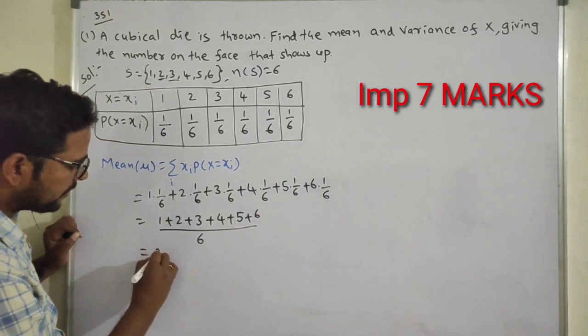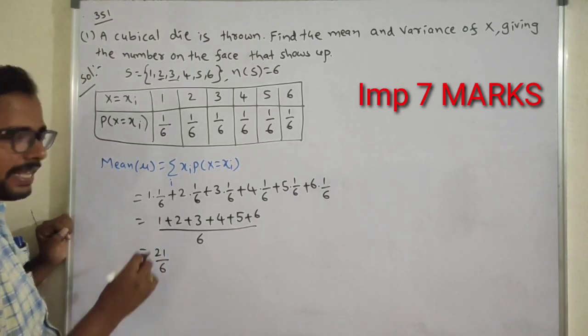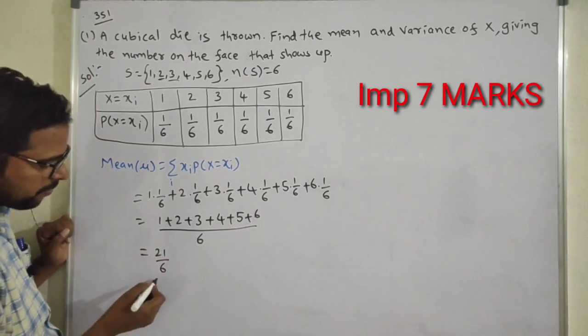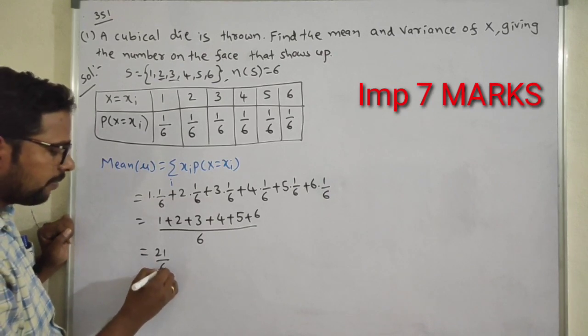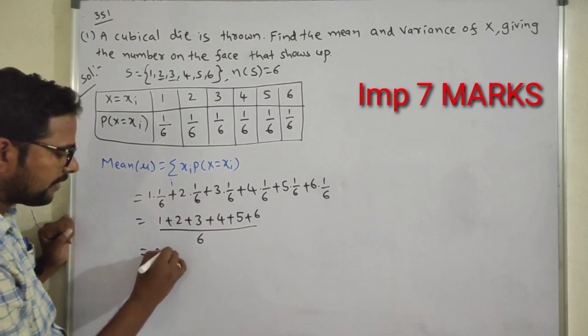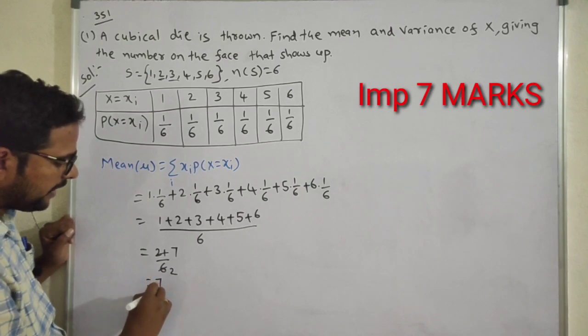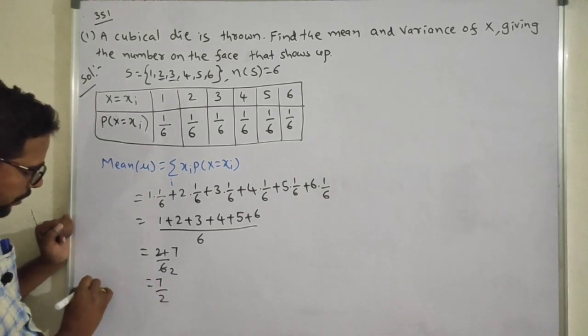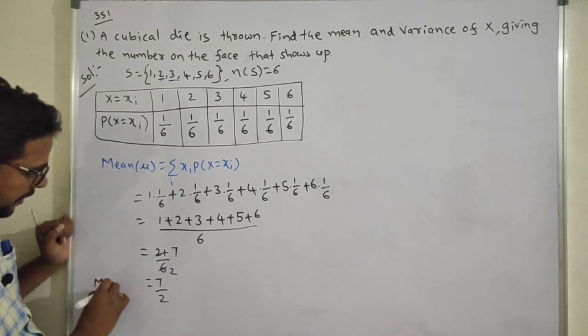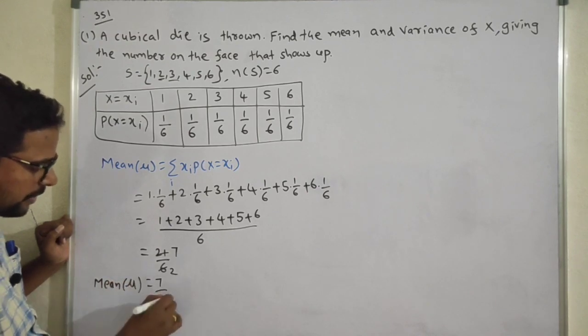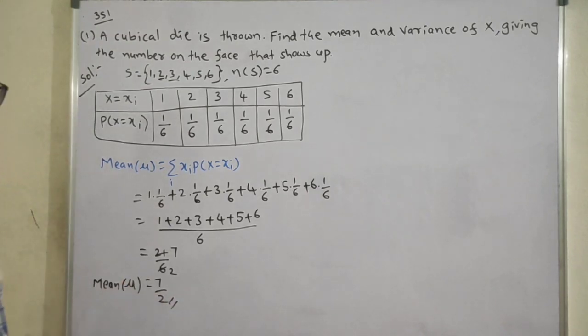So 21 by 6. Do cancellation if possible: 3 twos are 6, 3 sevens are 21. So the mean is 7 by 2. Mean mu is equal to 7 by 2. Very easy, though it is a long question.